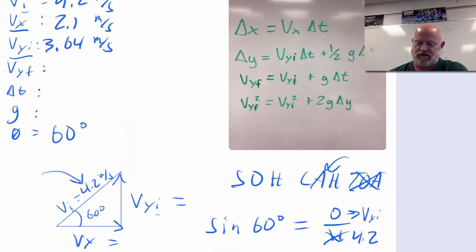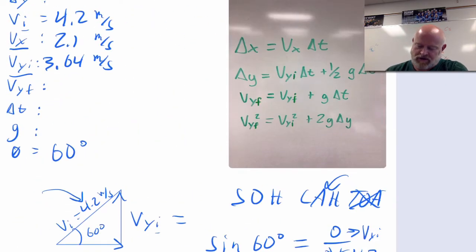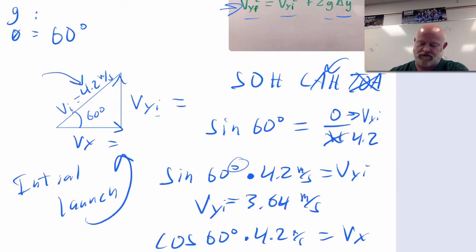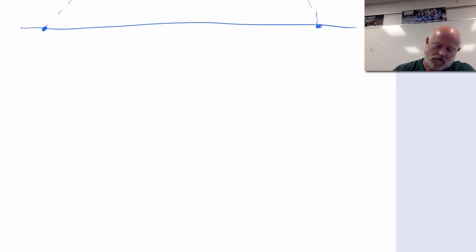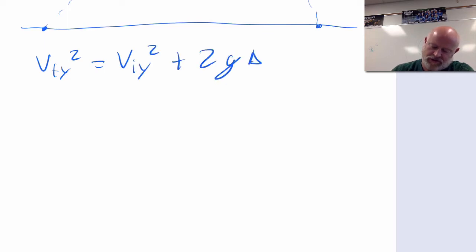So let's go back to our equations now. To find delta y, if I know velocity final, velocity initial, and g, I can use this bottom equation to find my delta y. So that's what we're going to do. We know that velocity final in the y direction squared equals velocity initial in the y direction squared plus 2g delta y.